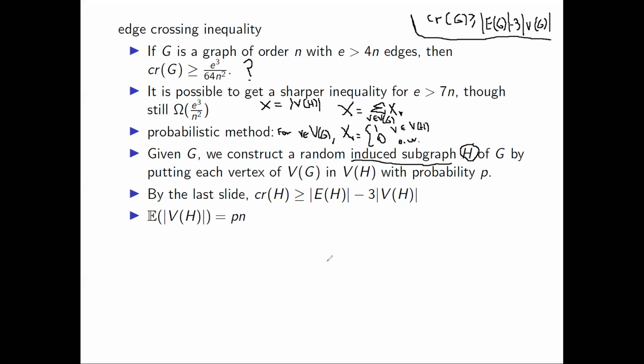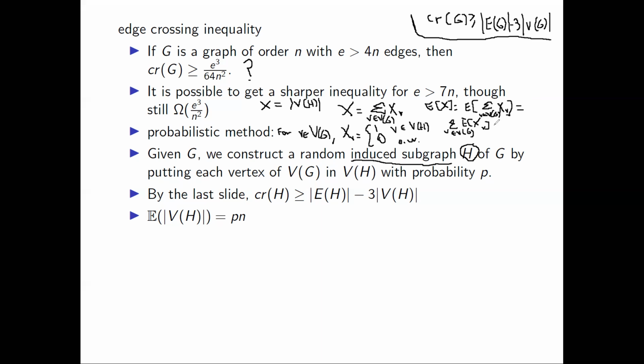So if we want to calculate the expectation of X, it's going to be the expectation of that sum, and here we can apply, as usual, the linearity of expectation. So we've got our sum over the vertices of the expectation of X sub v.